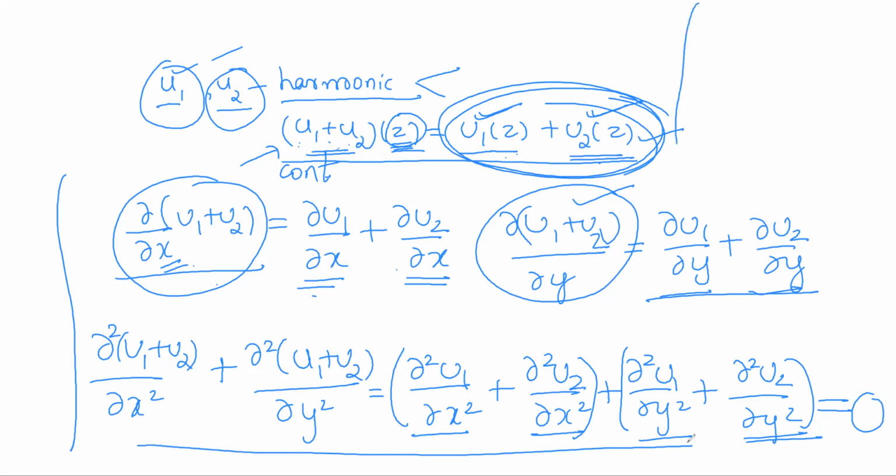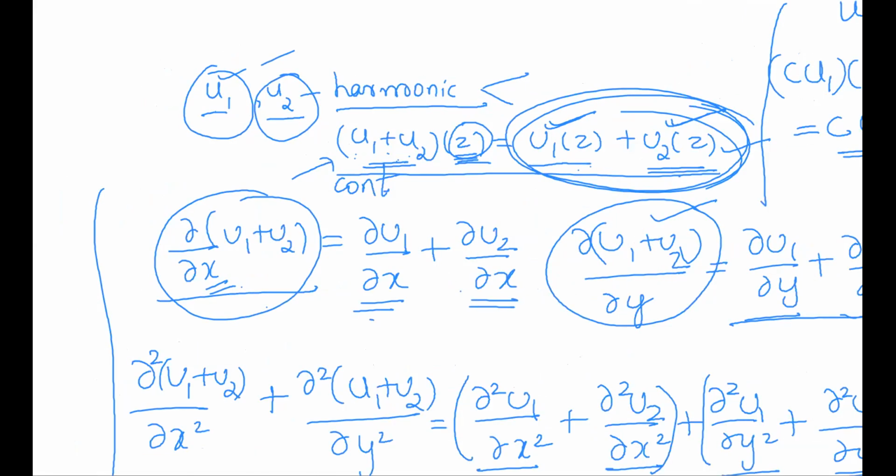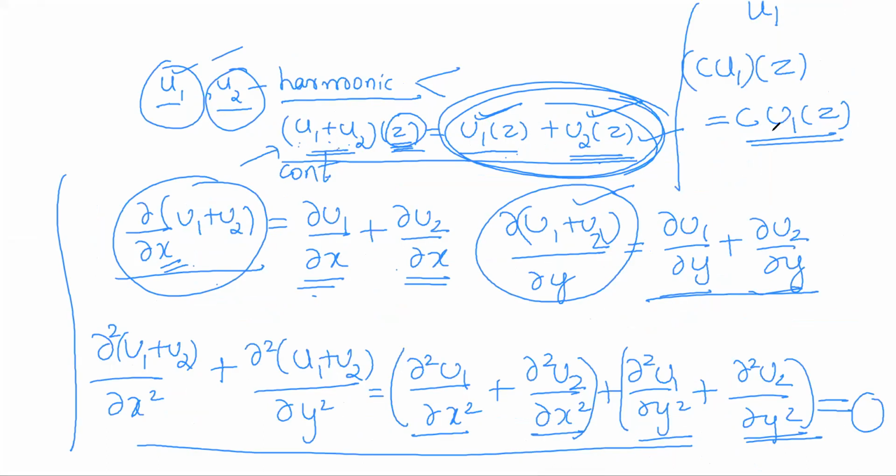In a similar way, whenever we have a harmonic function U1, its scalar multiple defined as C into U1 of Z, we can show that whenever U1 is harmonic, C into U1 is also harmonic.